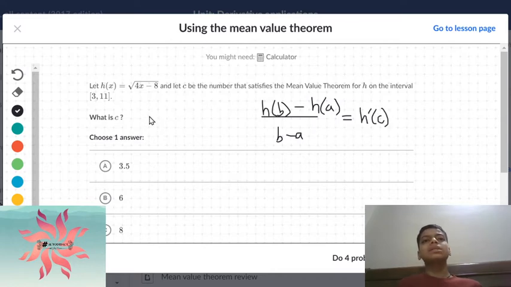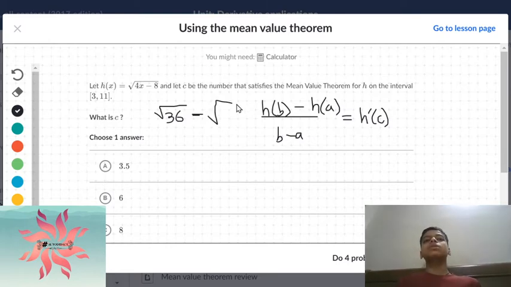What is h of 11? h of 11 is just the square root of 36, minus h of a. a is 3. 3 times 4 is 12, 12 minus 8 is 4. So this will be the square root of 4, divided by 11 minus 3.